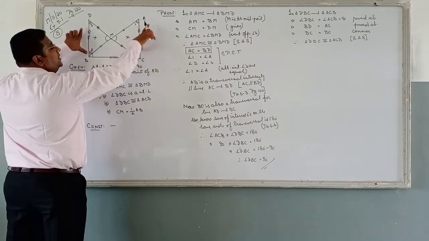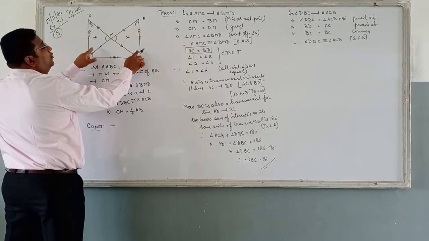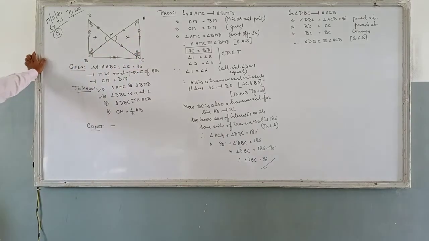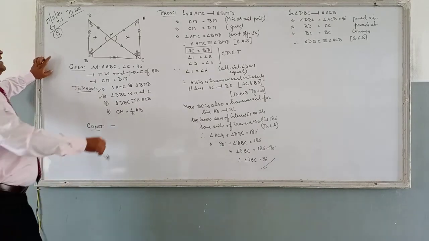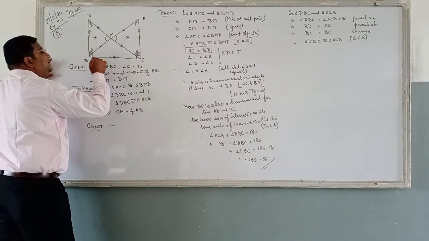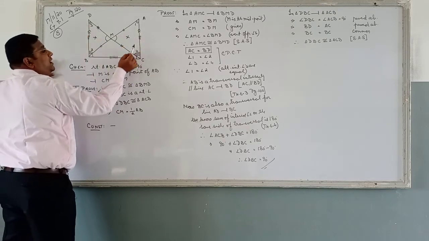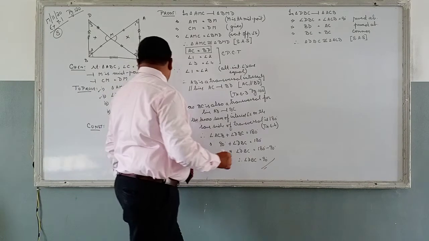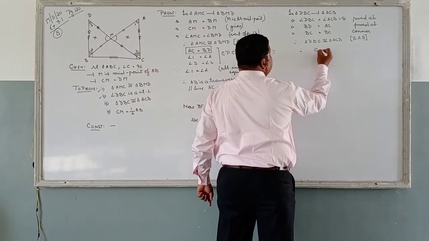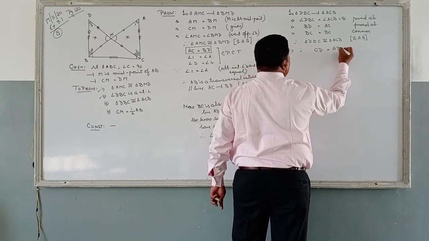SAS. Two sides and the included angle. And if these two triangles are congruent, is their hypotenuse also equal? Opposite to 90 is the hypotenuse CD. Opposite to 90 is the hypotenuse AB. So therefore, CD is also equal to AB.